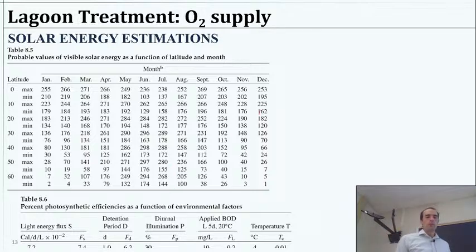We might have some detention period that we're tracking. How much time does the water spend in our pond? Some accounting for the fact that it's not getting light all day long, so the diurnal illumination. We could match that with how much BOD the system is receiving, and what the temperature is.